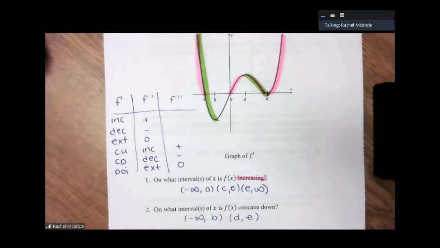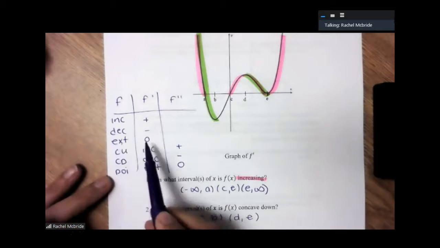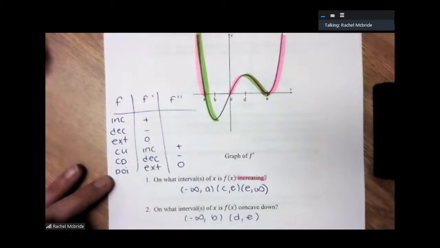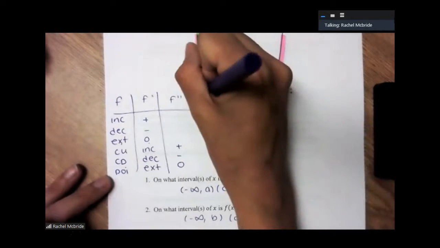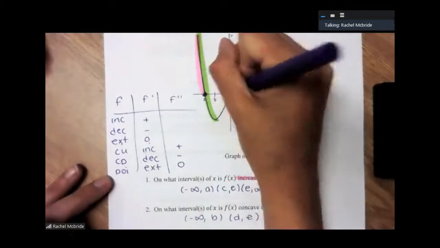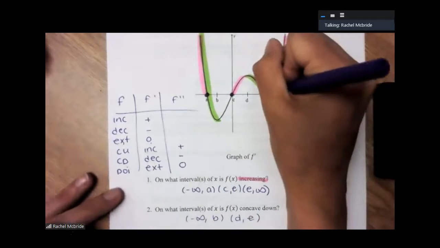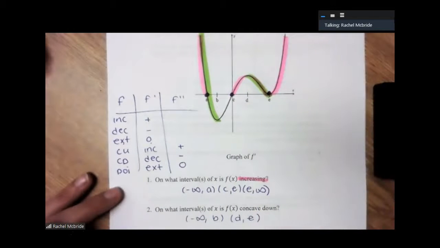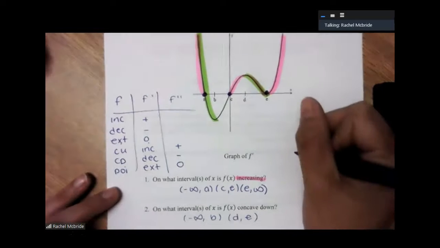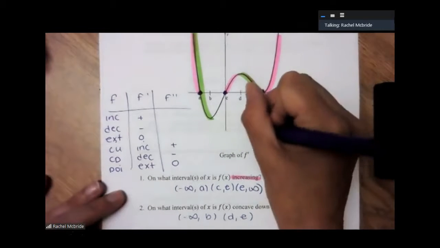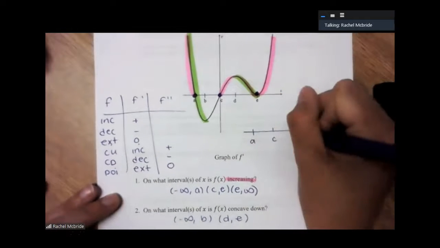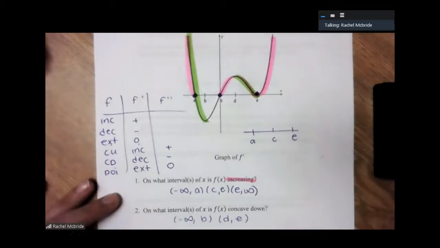On what intervals will f of x have a max? Well, a max is an extrema. An extrema occurs at a 0. So we have a 0 at a, c, and e. But then you have to take into account that the zeros have to have a sign change.